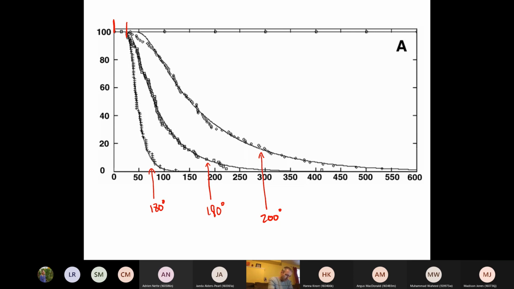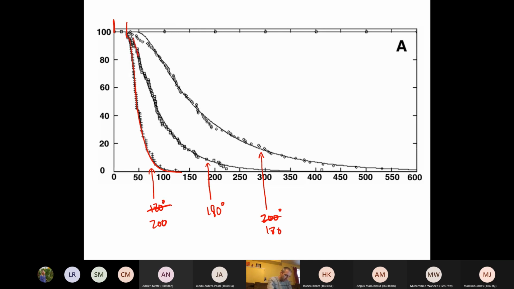And then what you can see is that the 180-degree reaction follows this line down here. At 190, now I think I got these reversed. I think this was the 200, and this was the 180. Yeah.